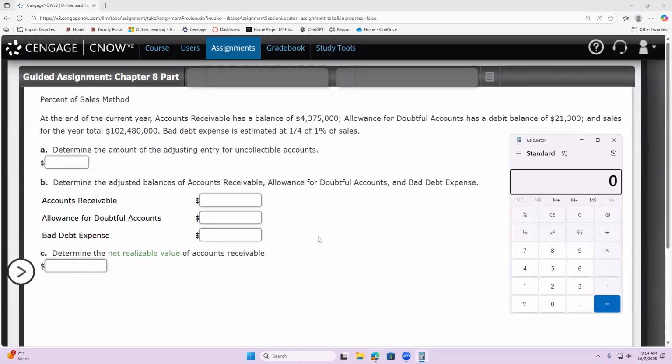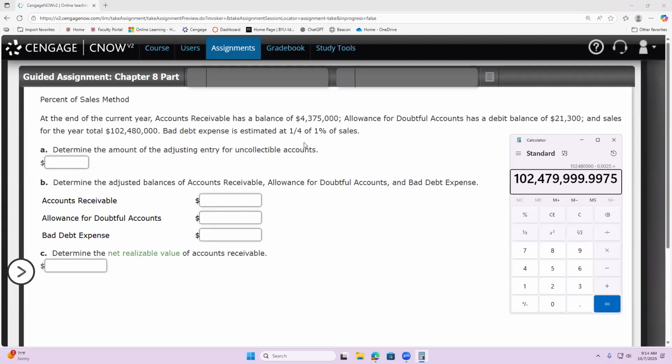So 102,480,000, and the bad debt expense percentage, 0.25%. If I did 0.025, that would be 2.5%, right? So I could do 0.0025, and that would be 0.25%.